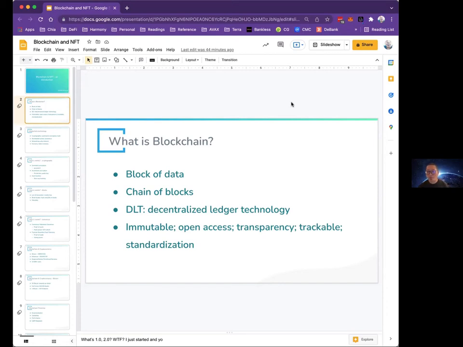Trackable is also another property of the blockchain. All the transactions, everything that happens on the blockchain, can be tracked from the very beginning, from the genesis to the current status. Standardization is also mentioned here.